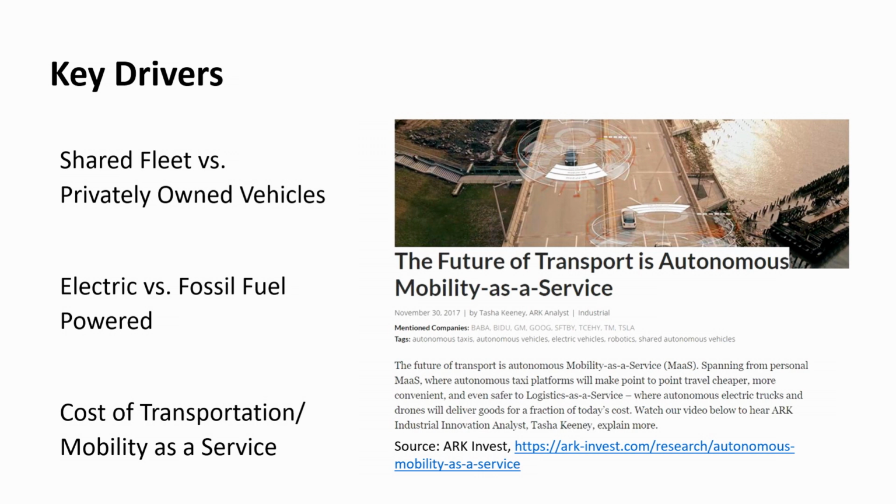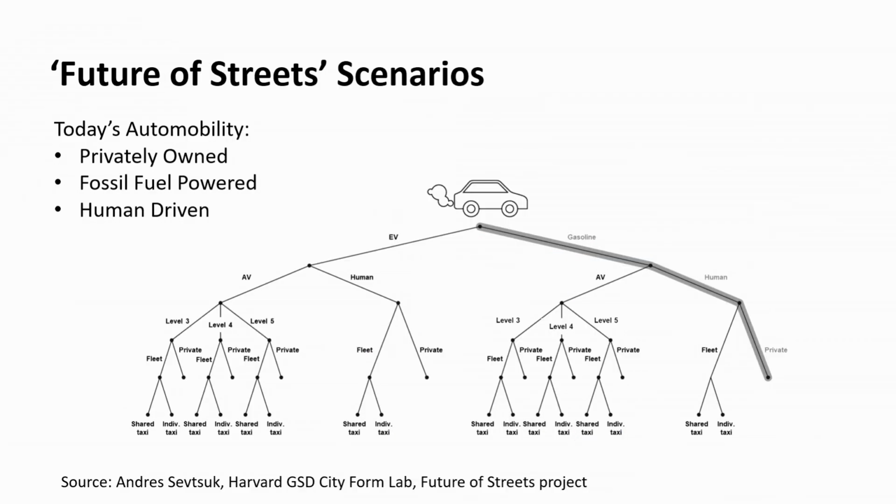Because right now, the average car spends 95% of its time parked, and they'll be used continually, at least that's the idea. So there are prognosticators who say that this reduced cost is actually going to drive consumer choice. So it's going to be so cheap and convenient to have an AV rather than privately owned vehicles that we will move in that direction.